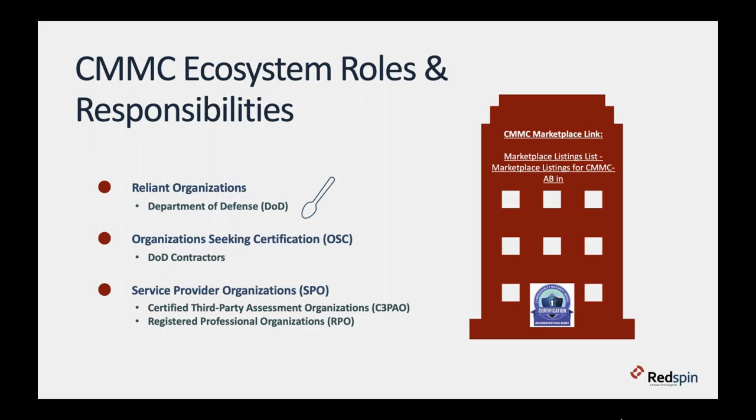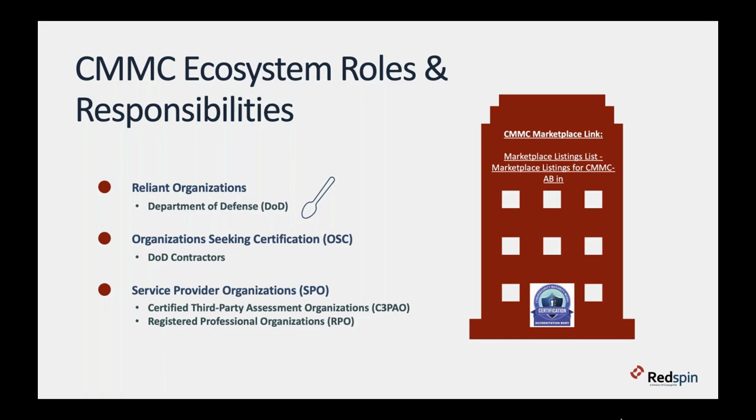So these components make up the CMMC ecosystem and must work together to secure the defense supply chain. Specifically, this ecosystem is made up of 5 major categories of stakeholders. The first one, the top of the heap, is what's called reliant organizations. Right now, it's the DoD who's relying on its contractors to have a CMMC certification to ensure it's properly protecting FCI and CUI.